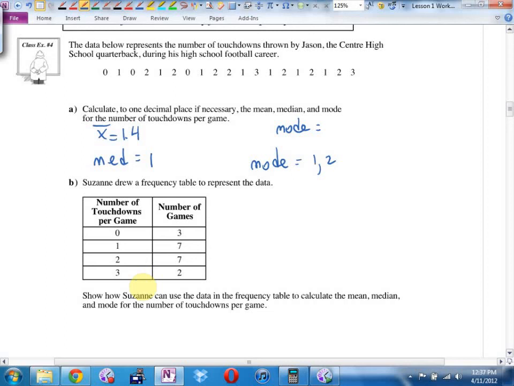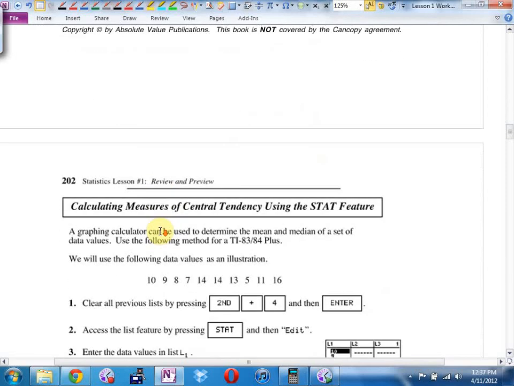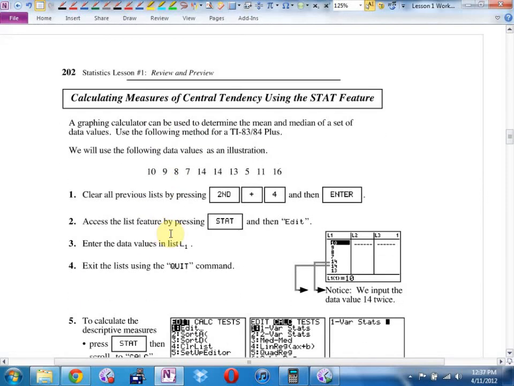Okay? So it says, show how Suzanne can use the data in the frequency table. We just did. Page 202. Who already had a graphing calculator in this class before I handed them out? You just bought that one, though.